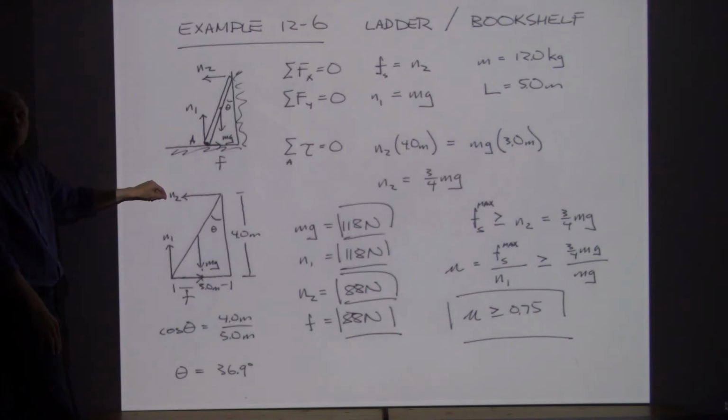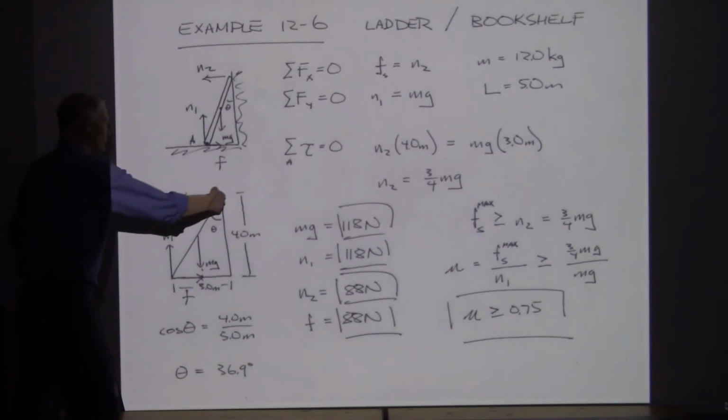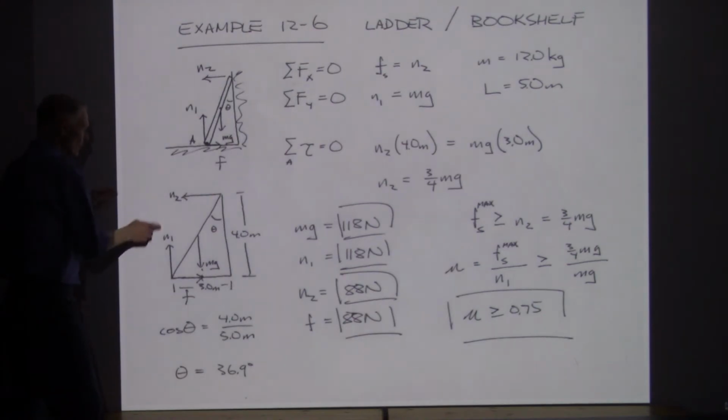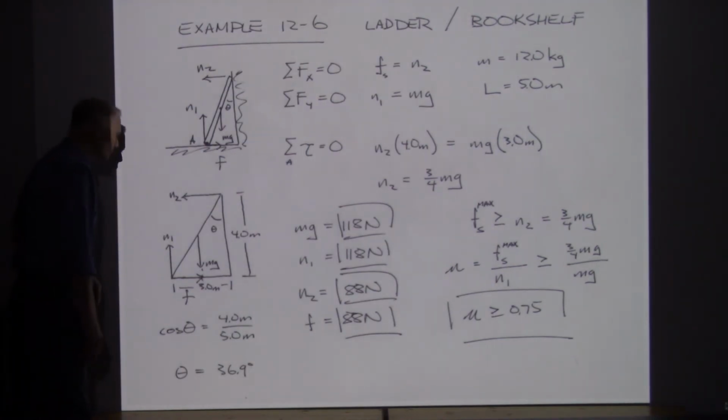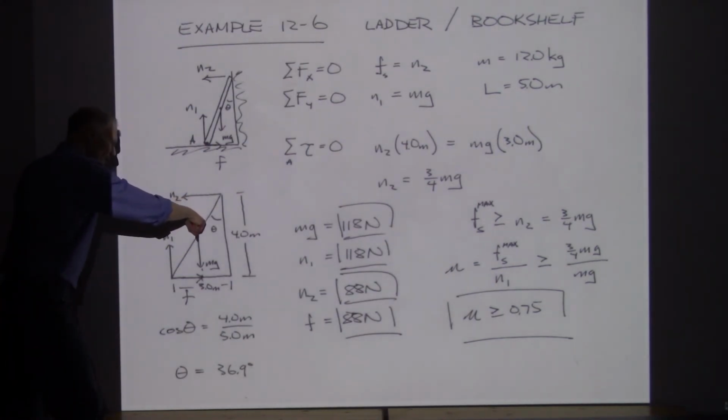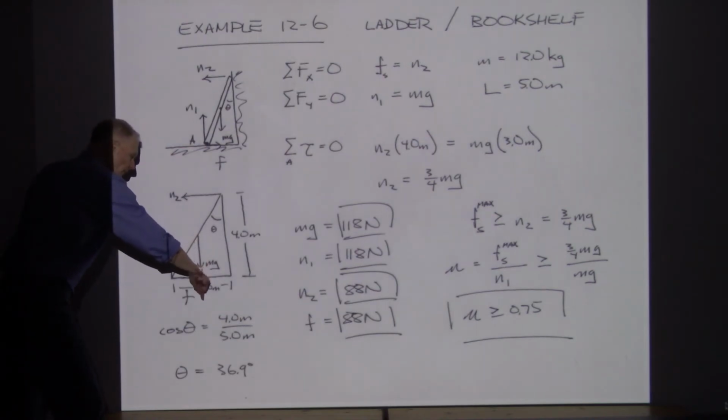So I'm looking for its closest approach, where the lever distance is perpendicular to the force direction. The force direction is here, and from here to here is my lever distance, and that says it's 4 meters. Now for mg, I can follow the direction of mg.